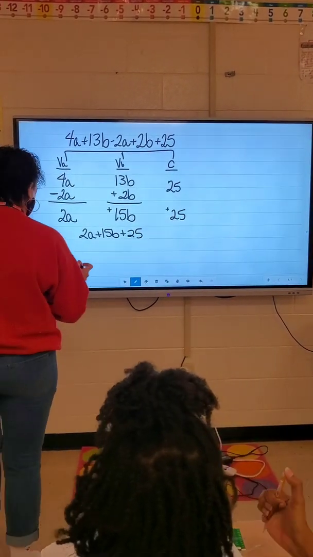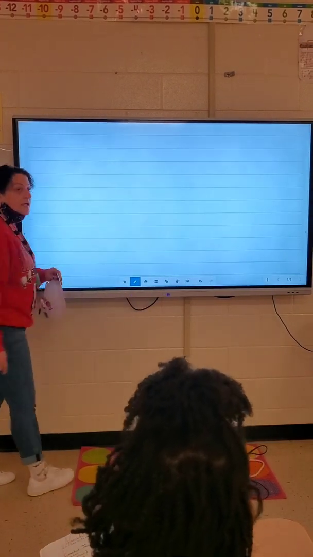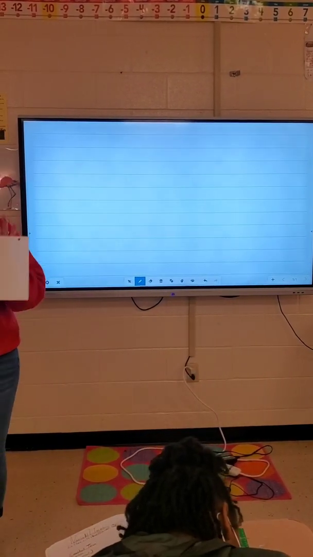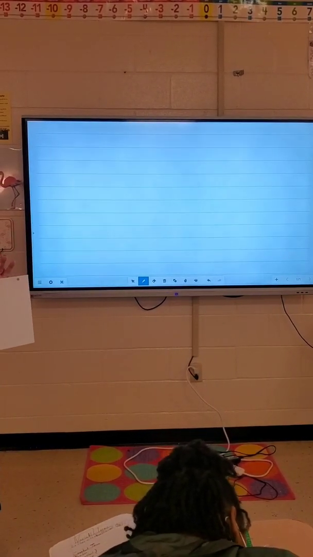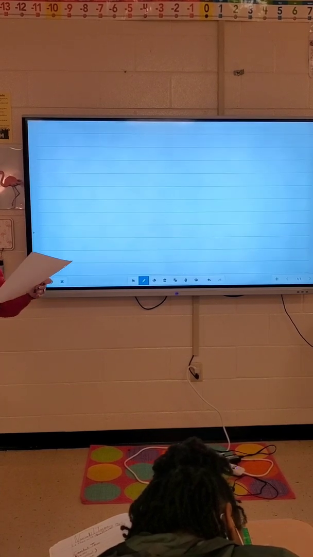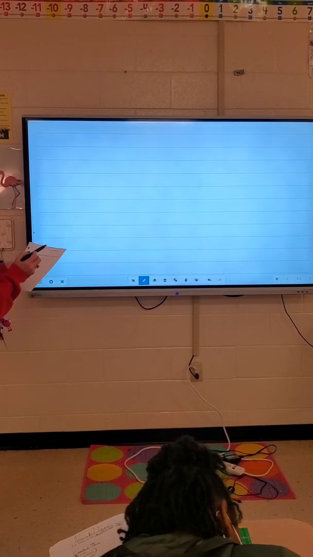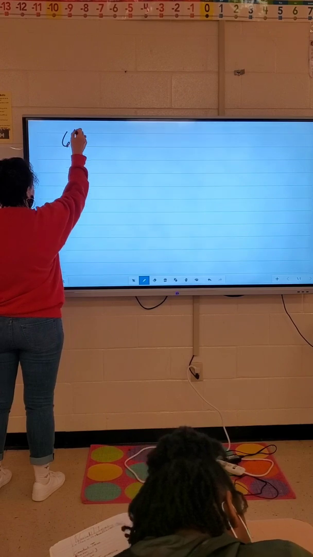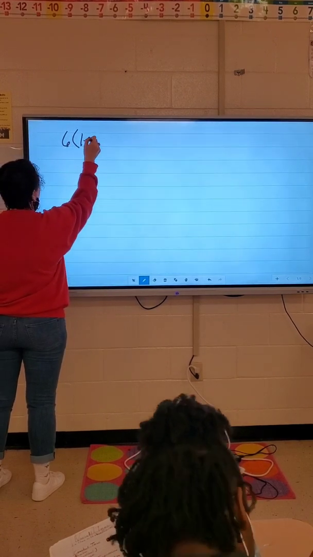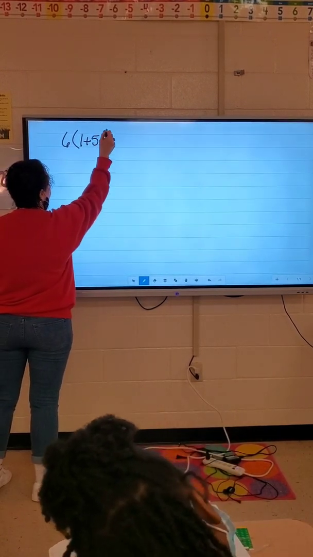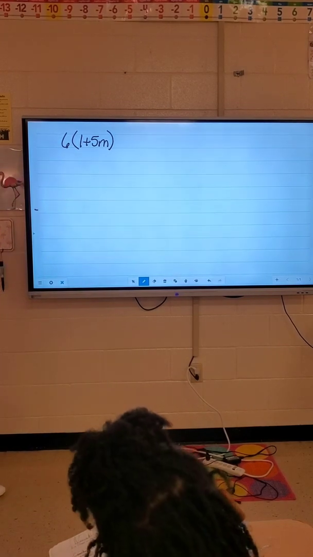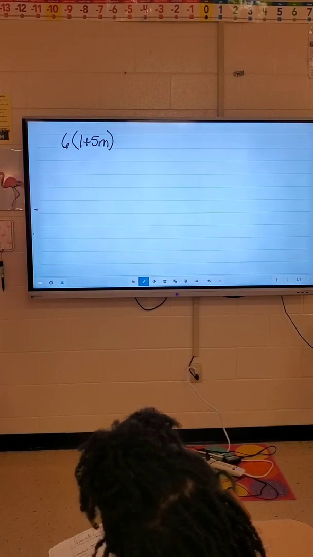This is the distributive property breakout. We're going to use the distributive property and then combine our like terms. So look at number 1. This is 6 times (1 plus 5m). Now we know how to do the distributive property.